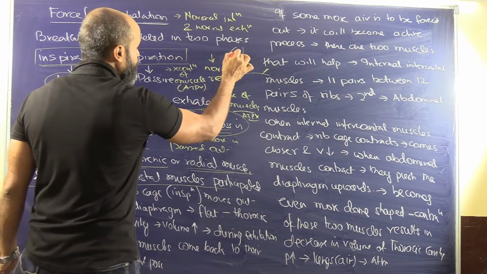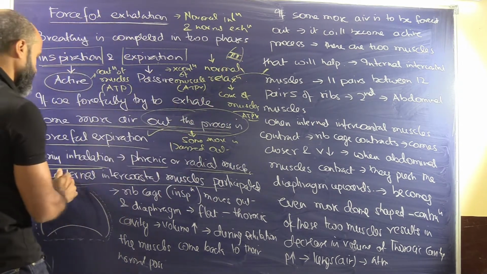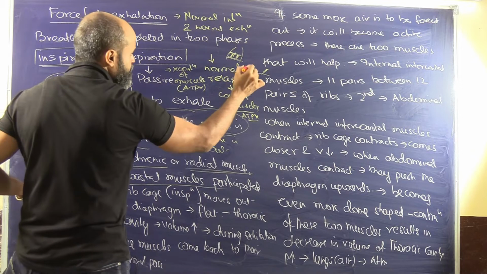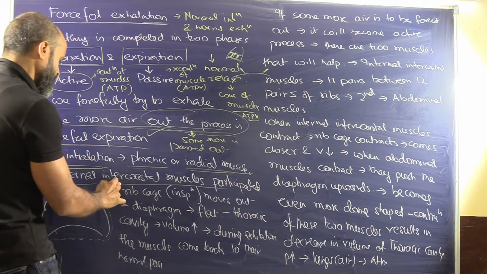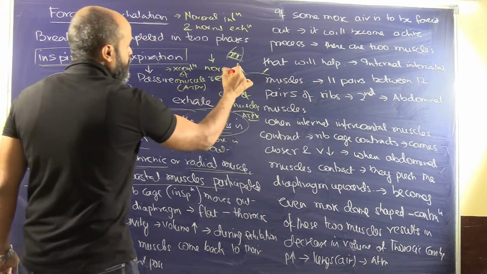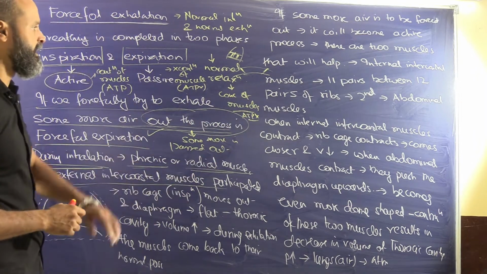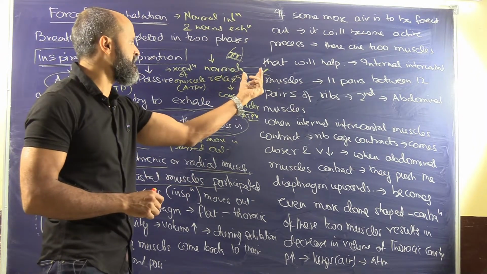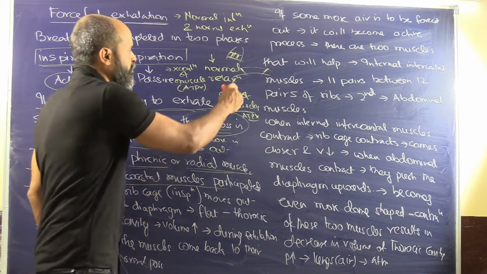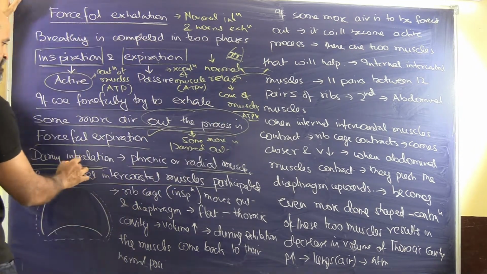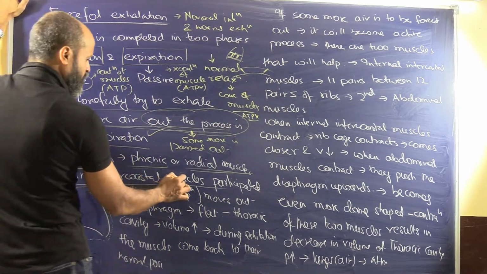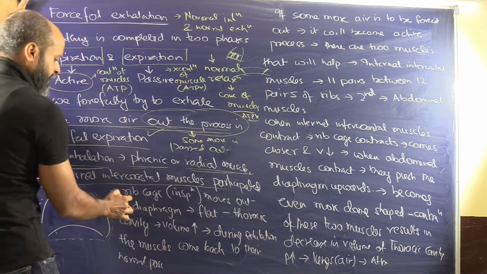In the rib cage we have the external intercostal muscles, and in the diaphragm we have the phrenic or radial muscles. So these muscles basically contract, and when they contract, inspiration takes place.